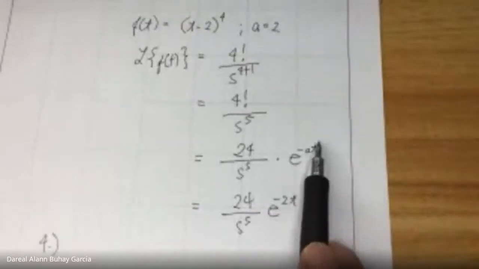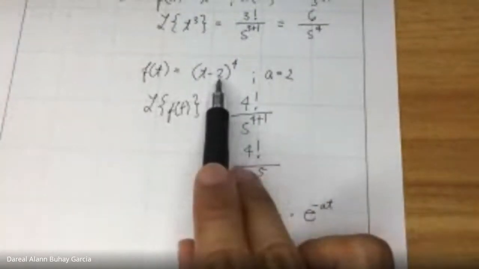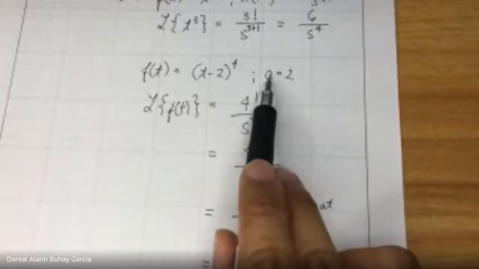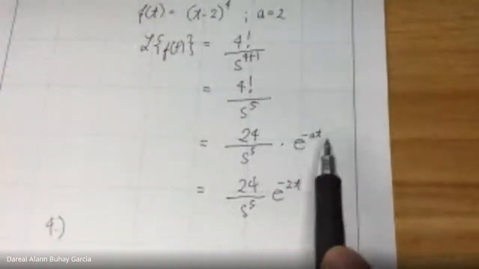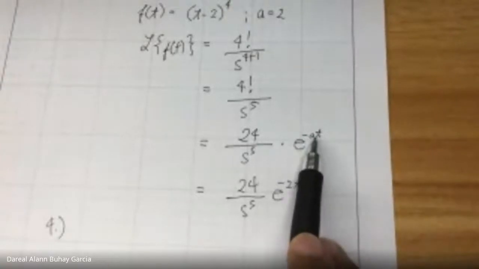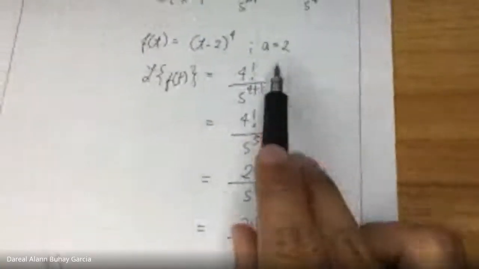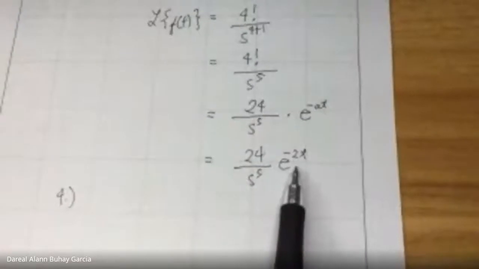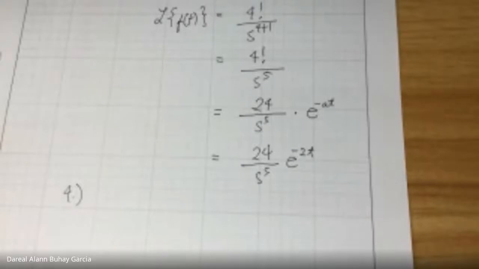Ang a is negative 2, sir. Bakit? Kay negative na daan ang formula. Ang ato a is positive 2 man actually. Di ba? Pero atong formula, ang atong i-compensate sa iya is negative a. So, negative of positive 2 is negative 2. Sige, sir. Thank you. Okay, sige.